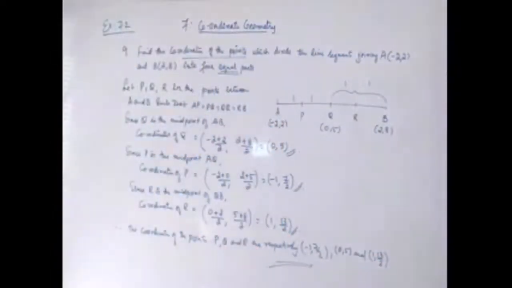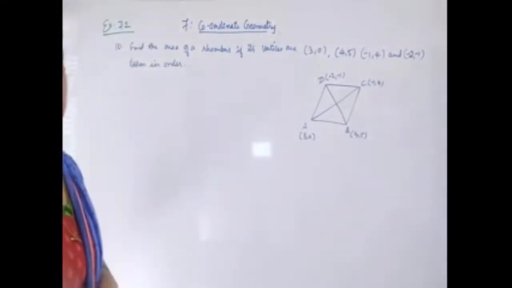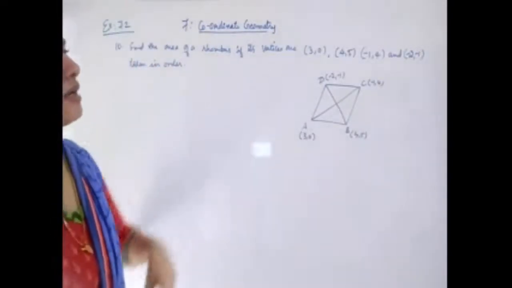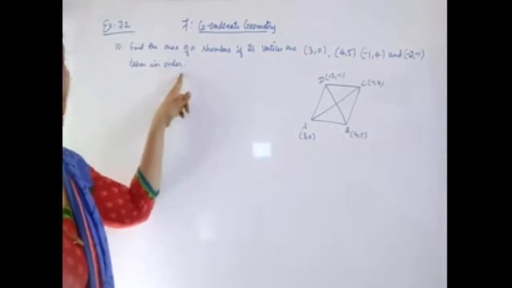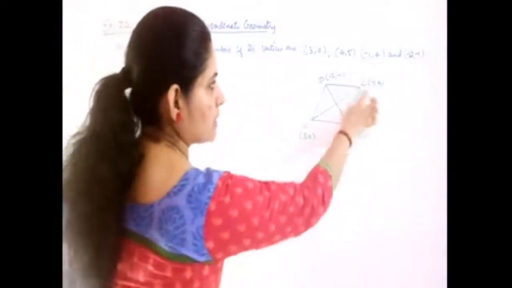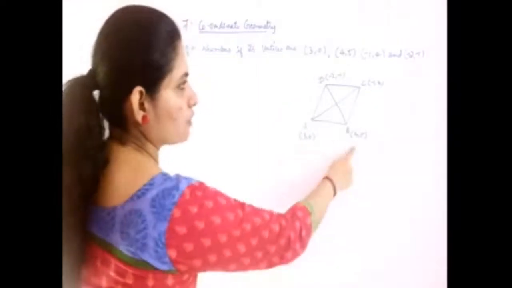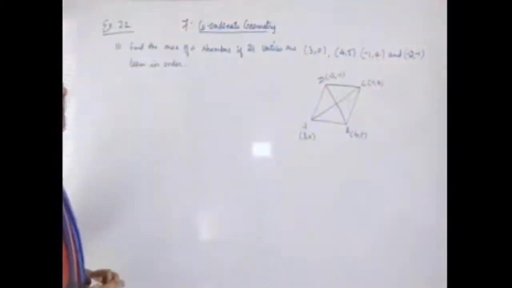Number 10: find the area of a rhombus if its vertices are (3, 0), (4, 5), (-1, 4) and (-2, -1), taken in order. I have drawn a rhombus in which A, B, C, D are taken in order.